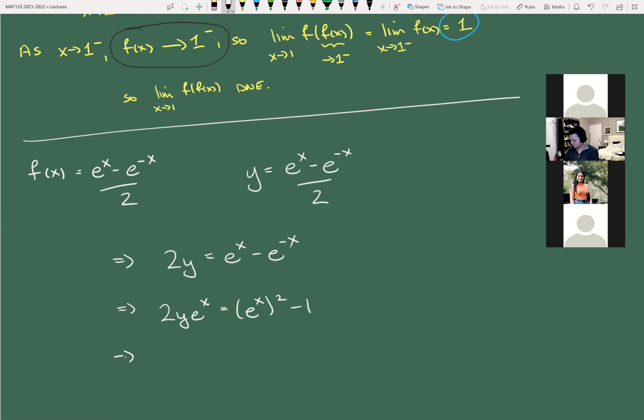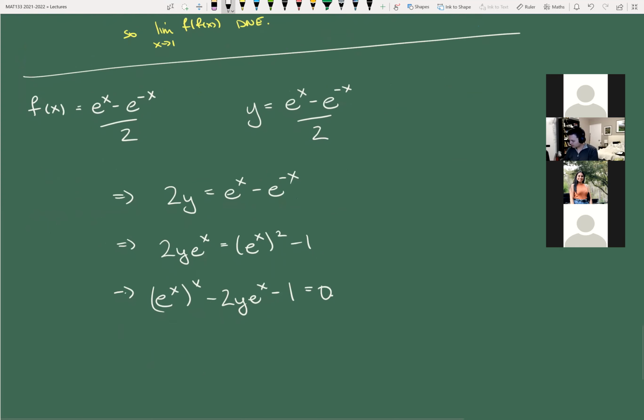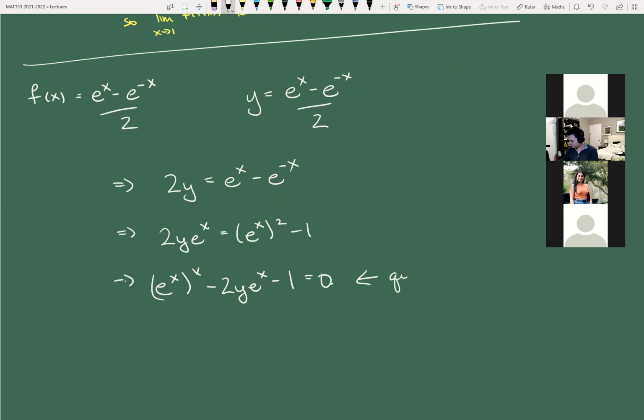If I put everything on one side, I get (e to the x) squared minus 2y times e to the x minus 1 equals 0. The point is that this is a quadratic equation in e to the x, so you can solve it using the quadratic formula and then continue to solve for x in that way.